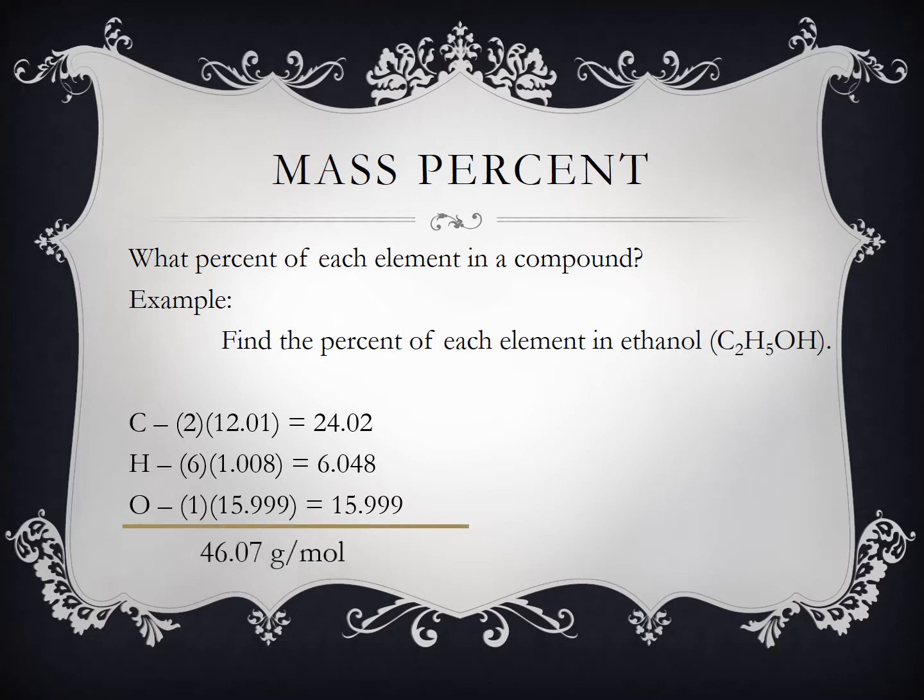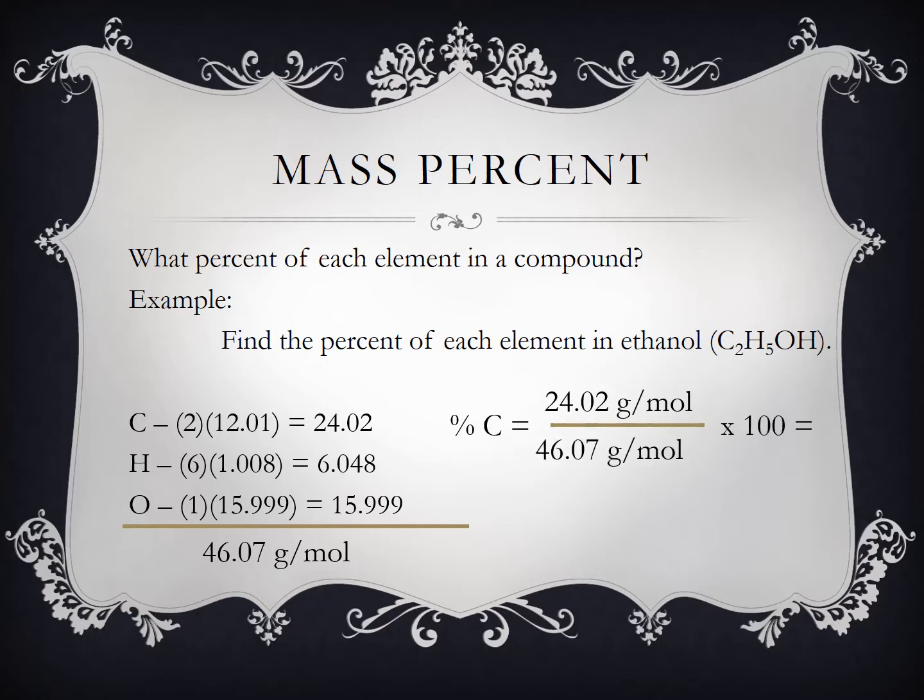So the total molar mass is 46.07 grams per mole. So percent of each element is basically how much carbon, how much hydrogen, how much oxygen percent-wise are in 46 grams. So for carbon, you take the total amount of carbon, 24, divided by the total mass, 46, times 100, and you get 52% of carbon.